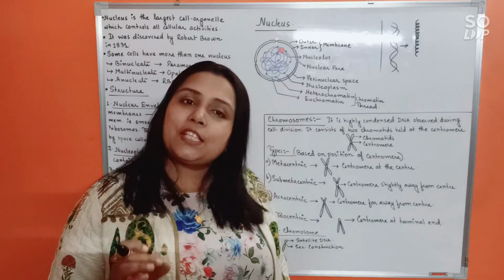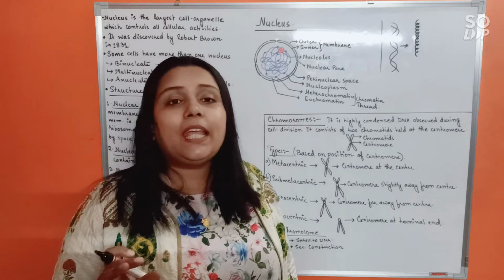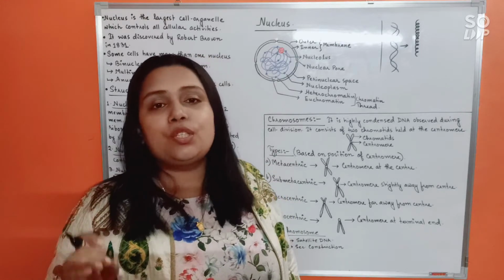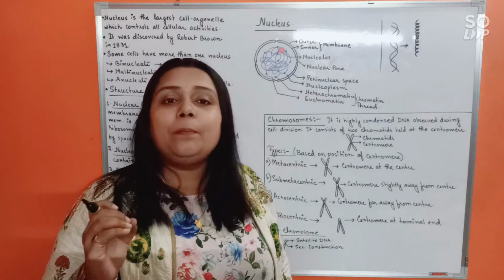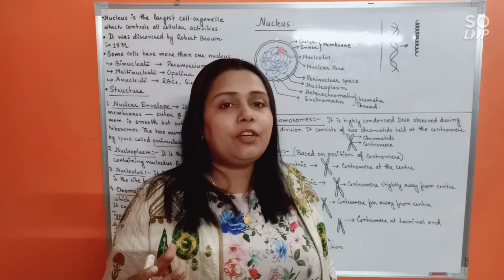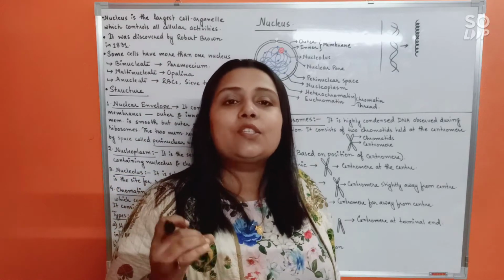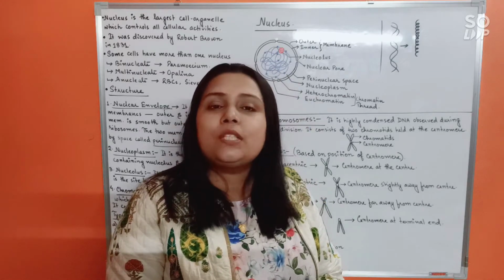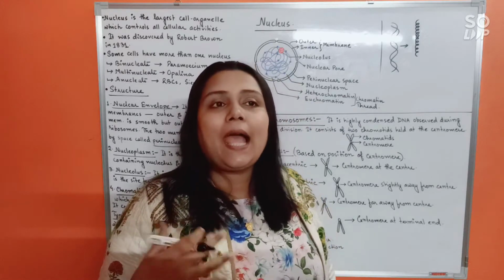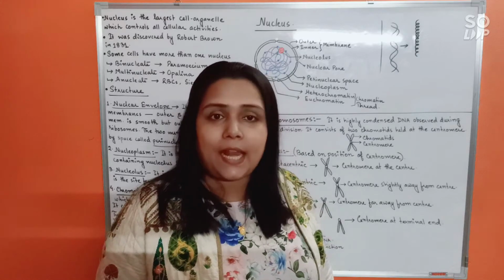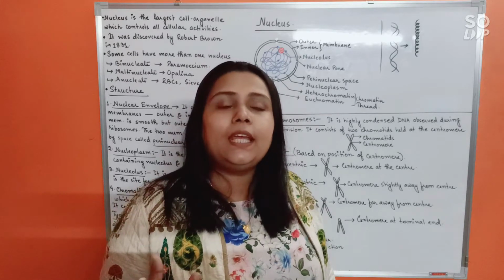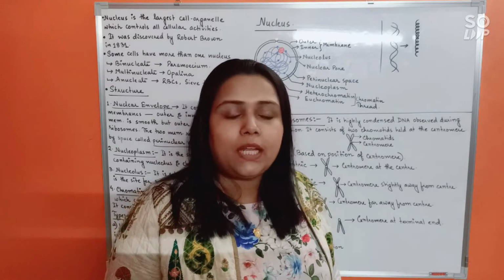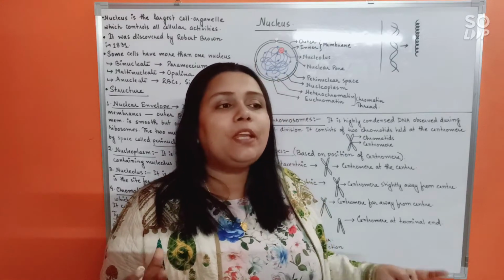So the DNA has to be packaged, fine, but it cannot be packaged so tightly. It has to be packaged loosely, so that whenever required, it can open up and its codes can be accessed. Understood? When the cell is very metabolically active, it requires proteins very frequently. At that time, the DNA cannot remain too condensed.